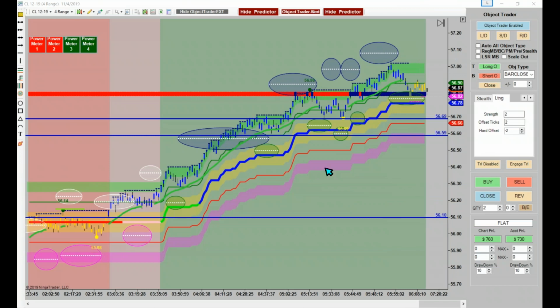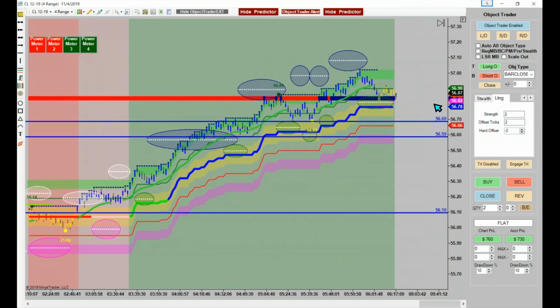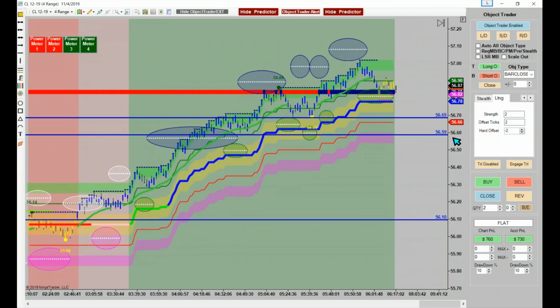Now, here's what we call a mid-band type trade. What do y'all think? Let's say you got up at 6 o'clock in the morning and you said, you know what, this looks pretty good to me. Let's just try to go for 10 ticks just for the fun of it.